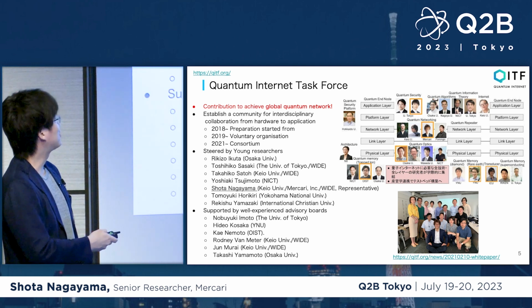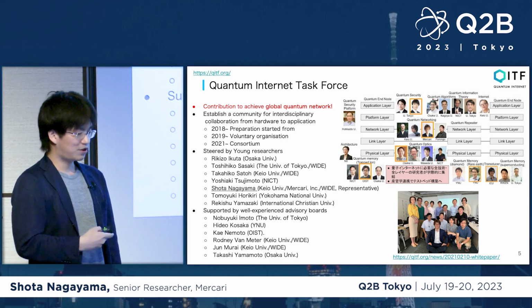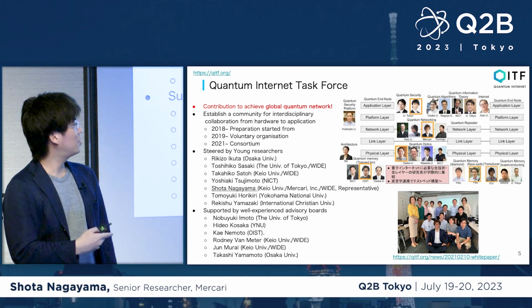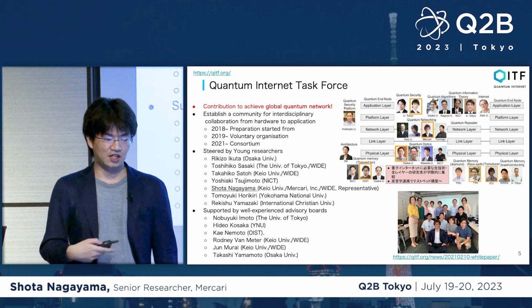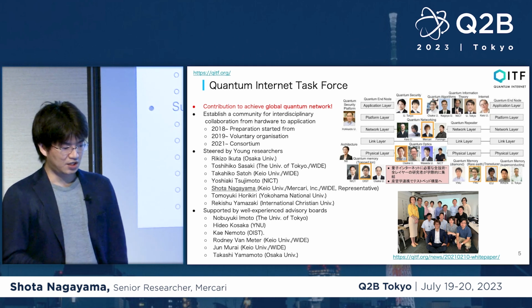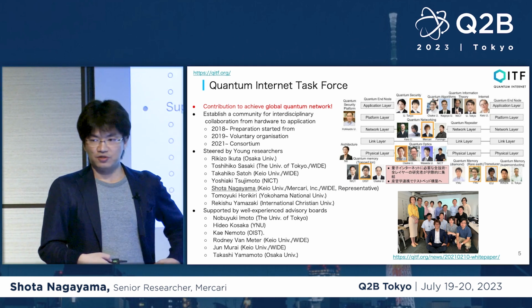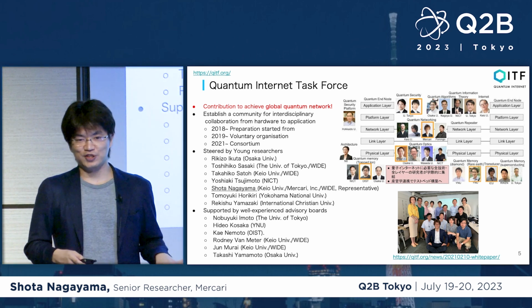I apologize, there are some mistakes on the illustration, but we have a lot of human resources in physical layers, while for the platform and application layers, we need to recruit more members. That was the beginning of this organization. So the research that we are conducting, I can talk about that today.